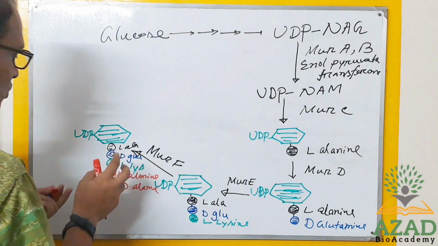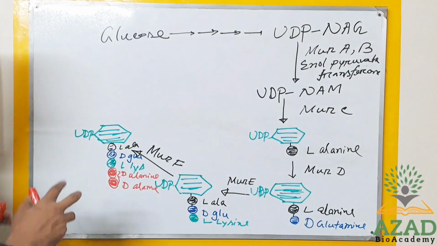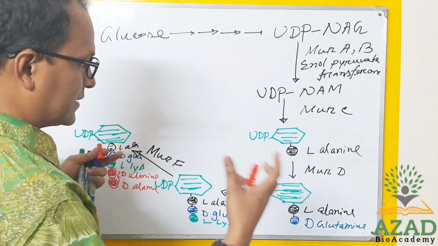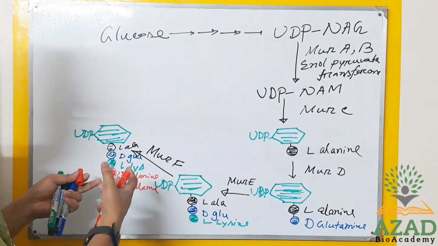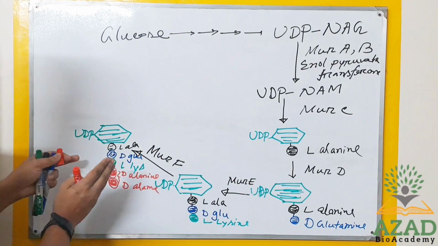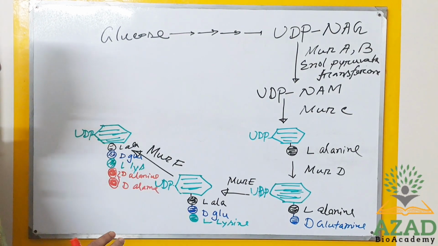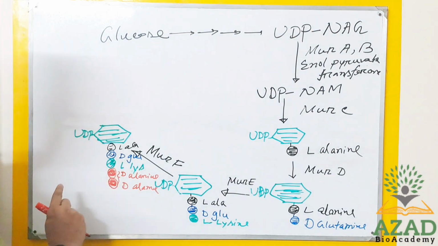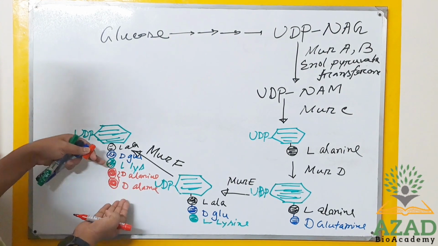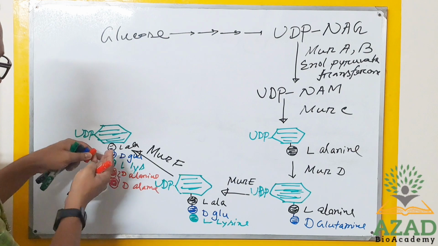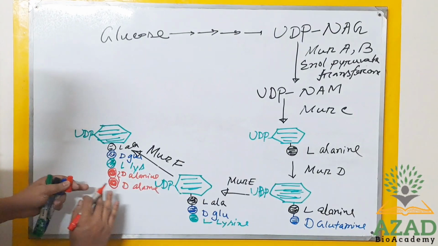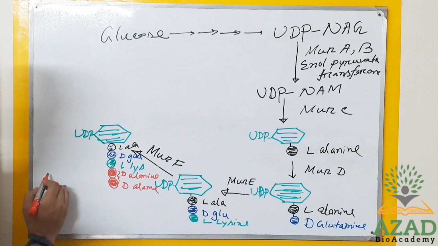And who will form the dimer actually? In our human body, L-alanine is available, but for the bacterial cell, D-alanine is very much important. So L-alanine will turn into D-alanine, and then D-alanine will form a dimer, and then it will attach by the MUR-F. So here I will just try to show you in short.